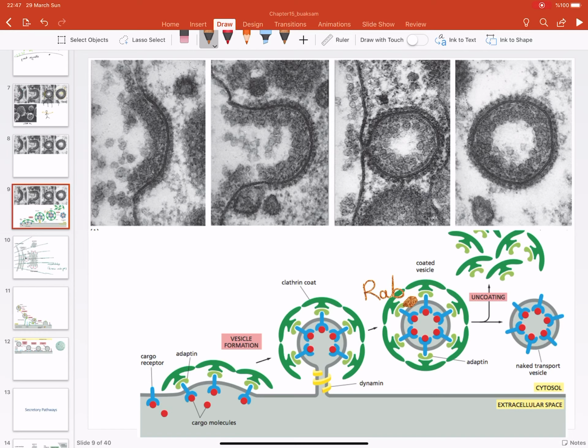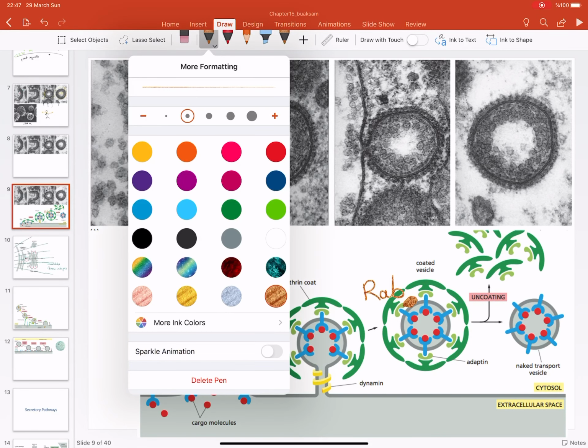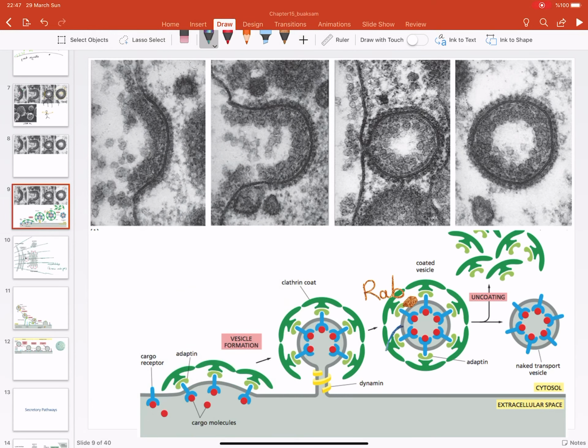RAB is a monomeric GTPase, which is very useful for target recognition. And the second thing is it contains SNARE proteins. So anyway, when these membranes emerge, they emerge with the RAB and the SNARE proteins.